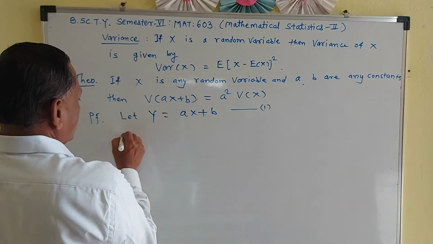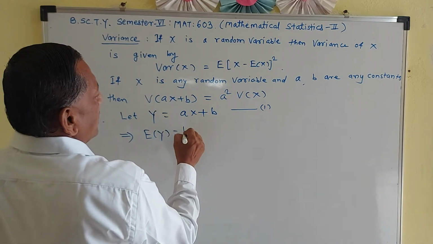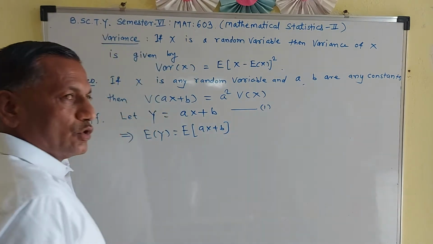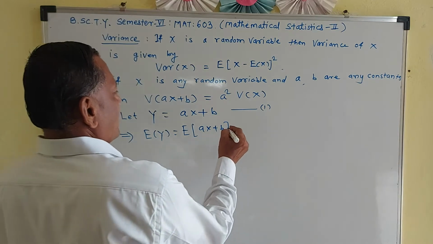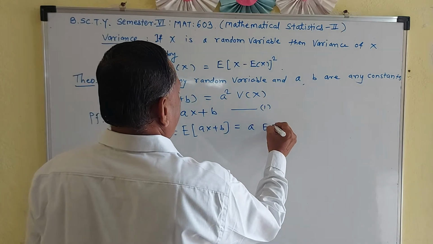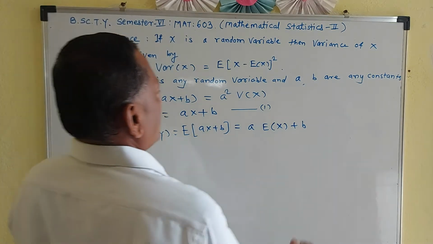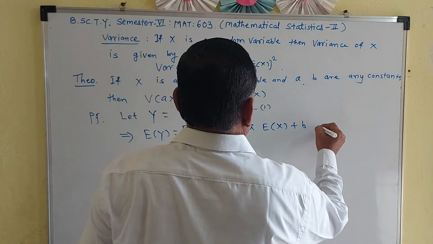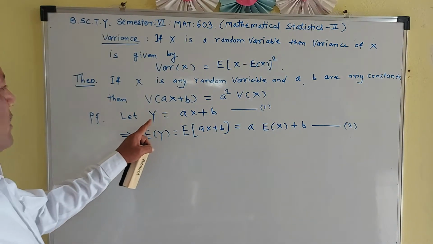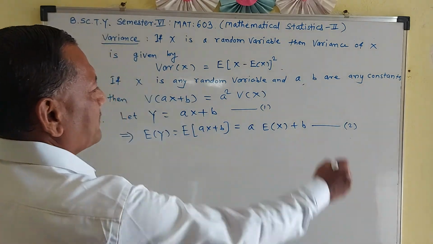Taking expectation on both sides, we get E of y is equal to expectation of ax plus b, and you know the properties of expectation, so this can be written as a into E of x plus b, number 2. So your number 1 is y is equal to ax plus b and E of y is a into E of x plus b.